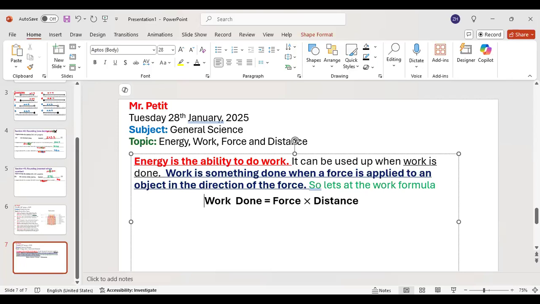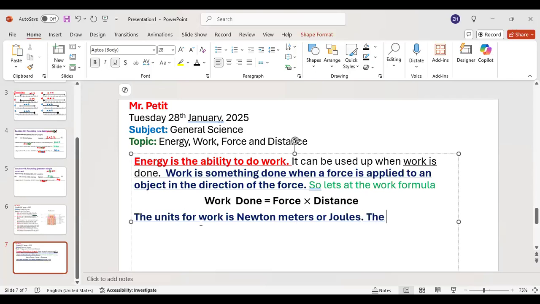Now, the units for work is Newton meters or joules, because Newton meters is joules.